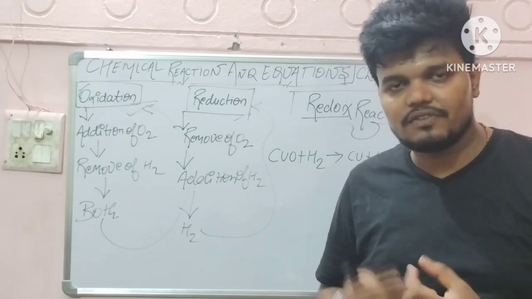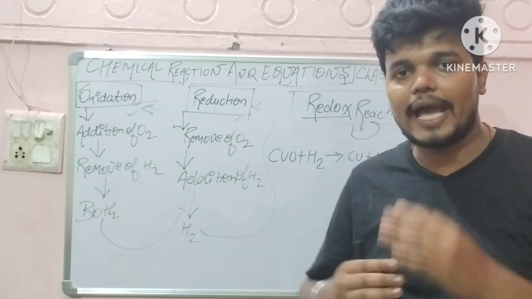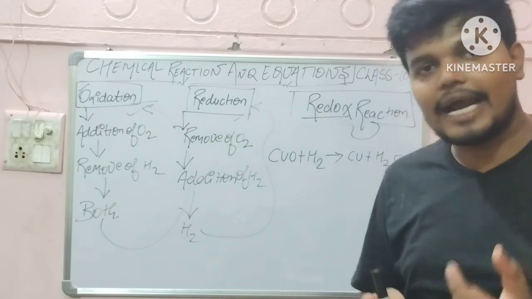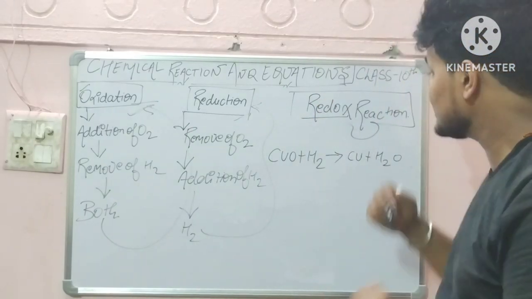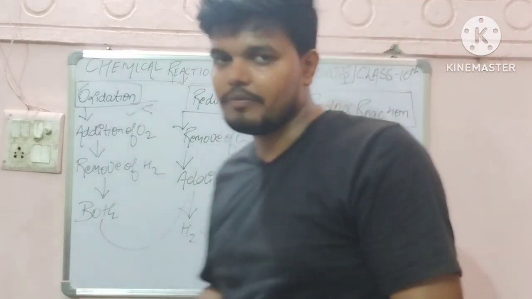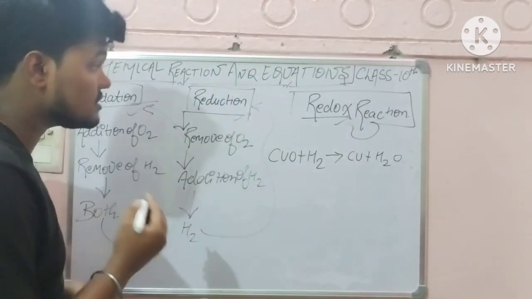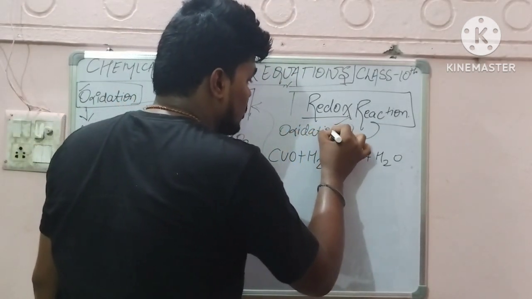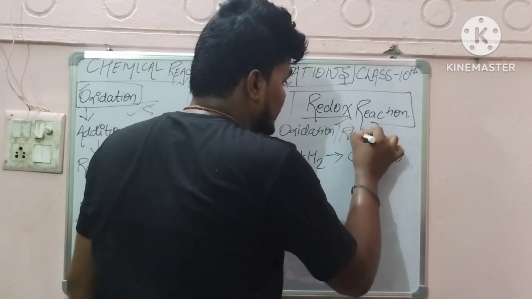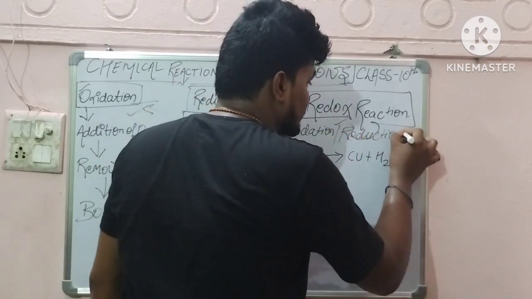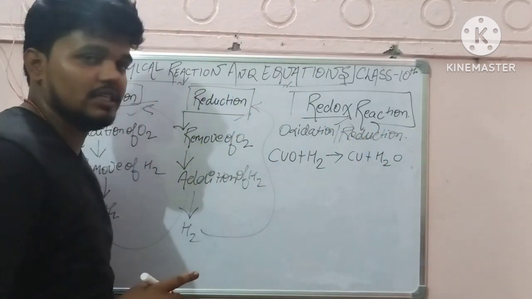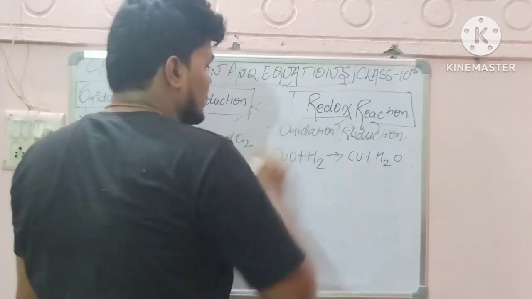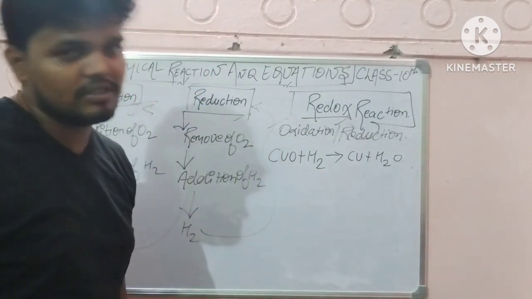In an equation where oxidation and reduction both happen together, that particular reaction will be called a redox reaction. So oxidation and reduction, my dear students, these two things happen together, then that reaction is called a redox reaction.